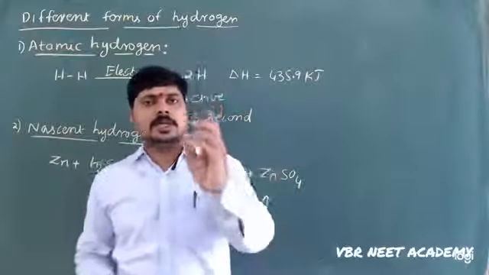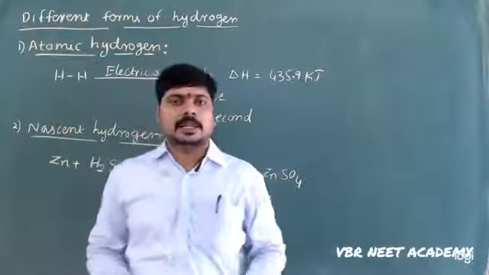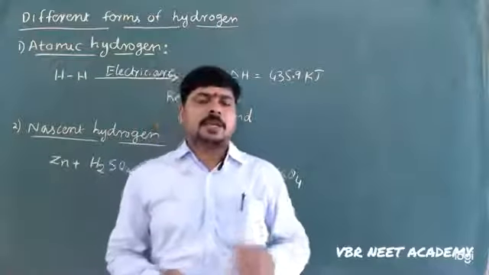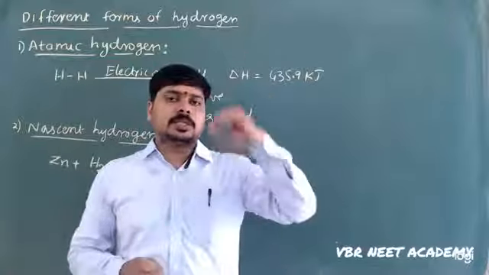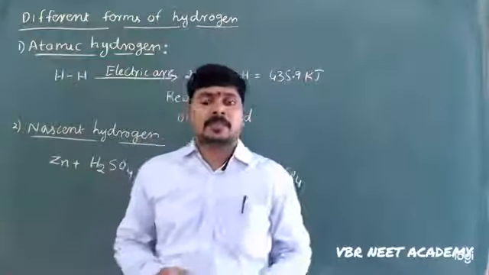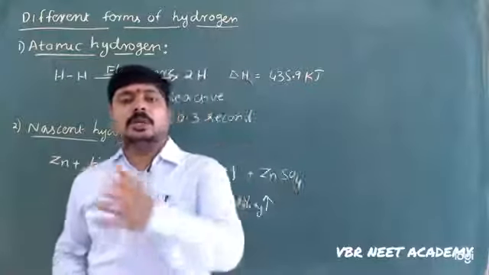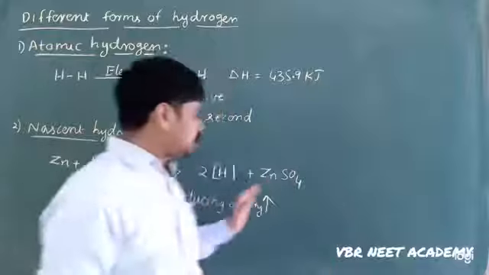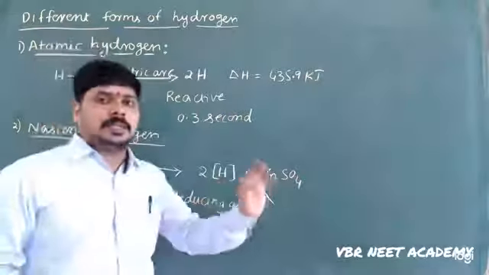Your K2Cr2O7 dichromate orange color gets converted to green color, and we also get reducing properties. For example, FeCl3 gets converted to FeCl2, colorless. So all these things are formed by your nascent hydrogen.